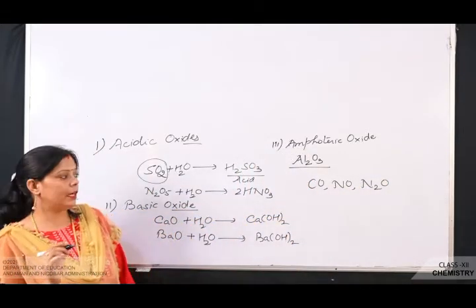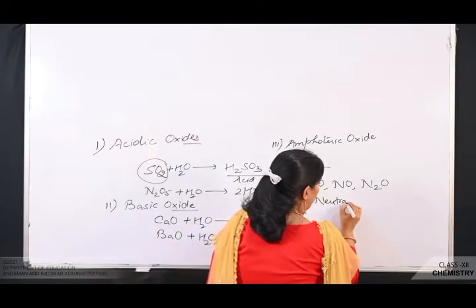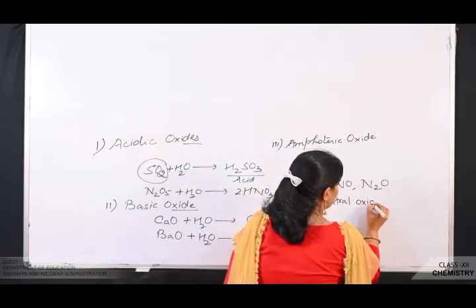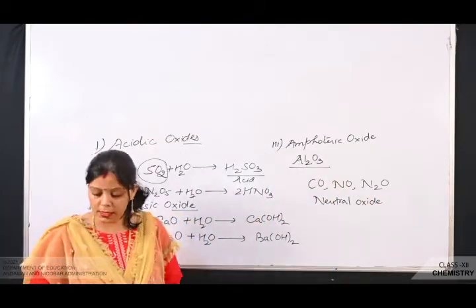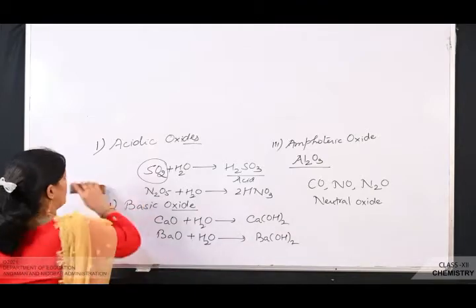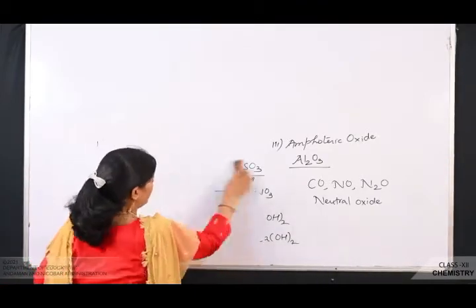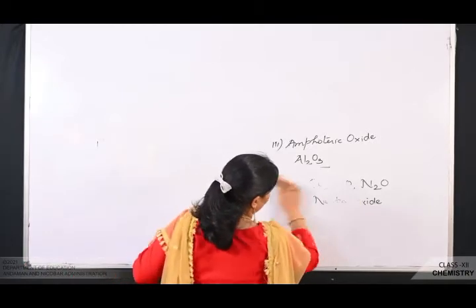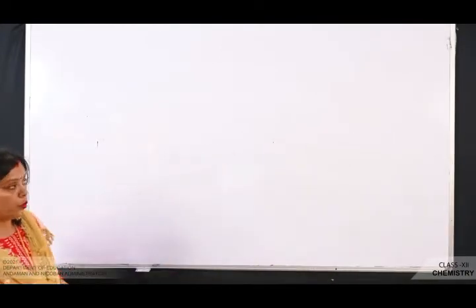So these are the simple oxides: acidic, basic, amphoteric and neutral oxides.